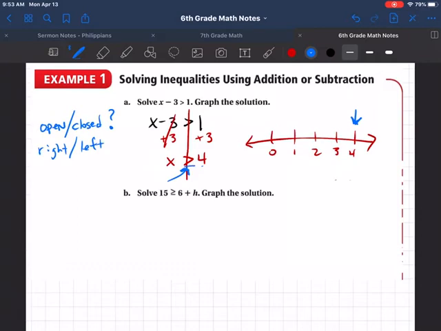And now, open or closed circle. Well, I don't have the little line there, right? Since I don't have the equal sign, I am going to have an open circle. So open circle going to the right. In Big Ideas, it's going to look something like, it's going to have a bunch of these little bars, right?